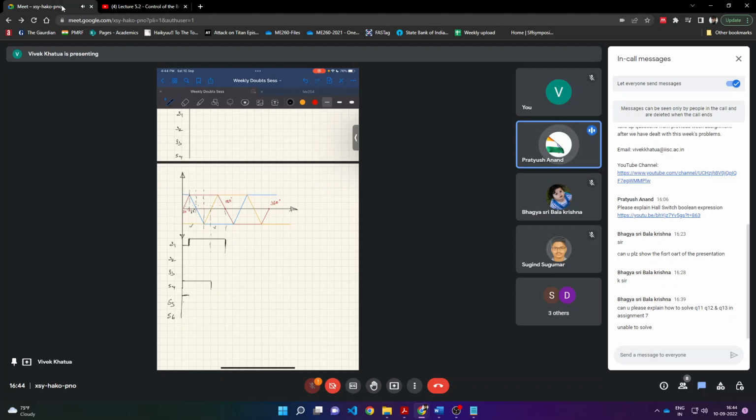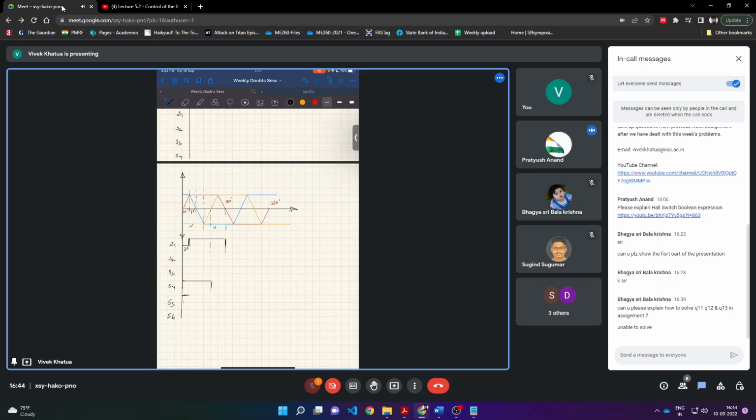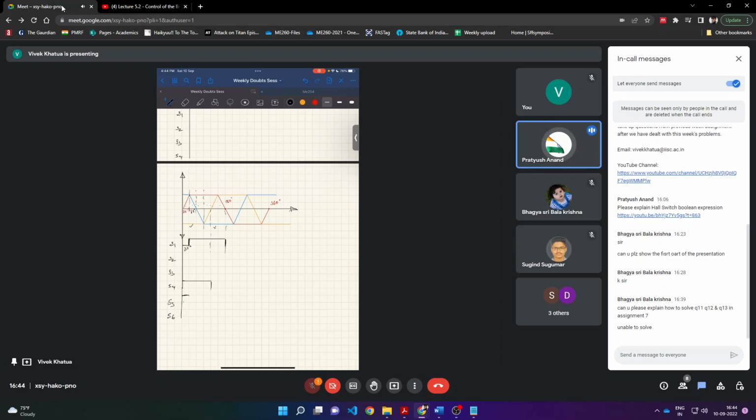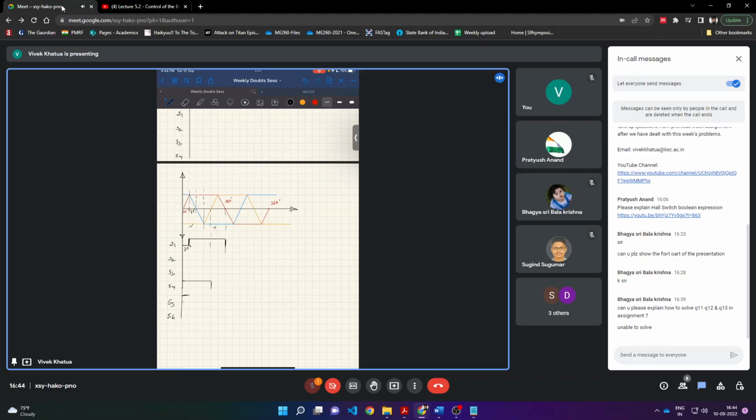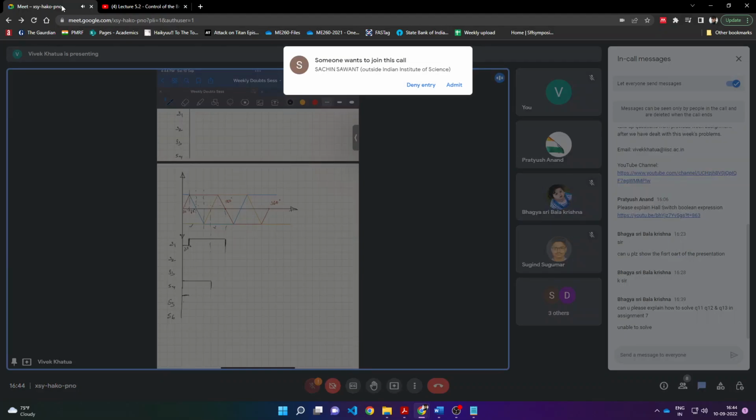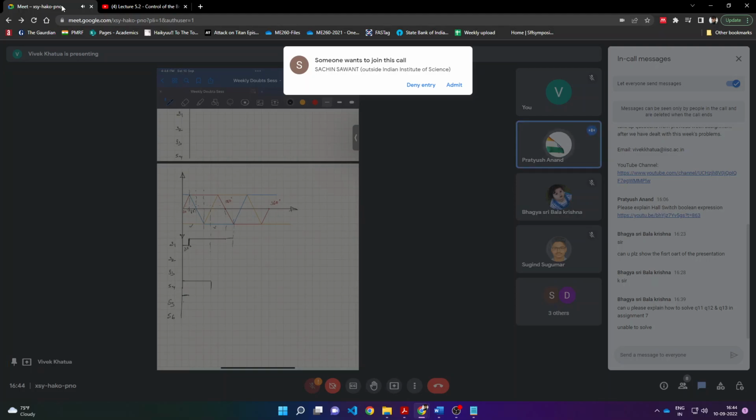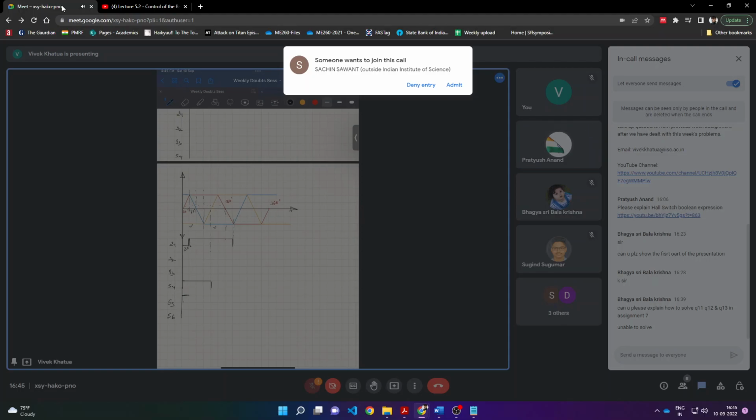But here for switch one, here 30 degrees, 30 degrees, and here 180 degrees, 150 is the difference interval. 150 is coming as the difference, is it? Yeah, so I have made a mistake. Here the switch will come till this. So let me take this one also.